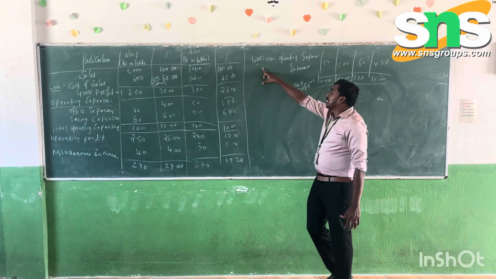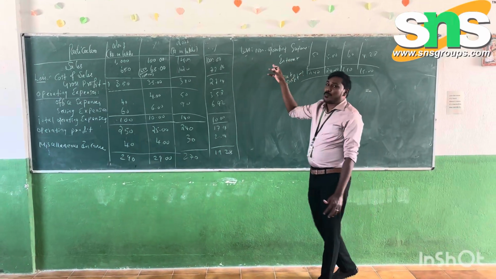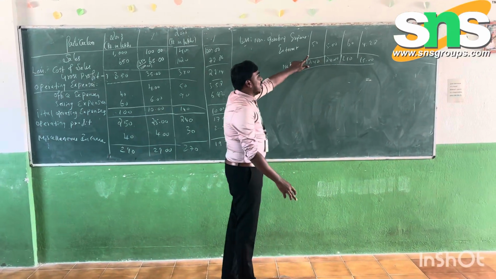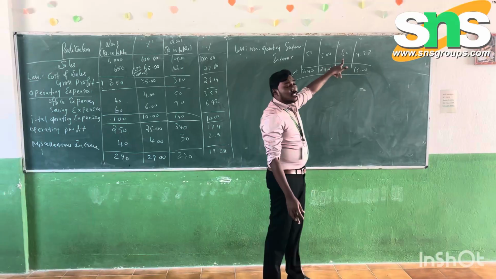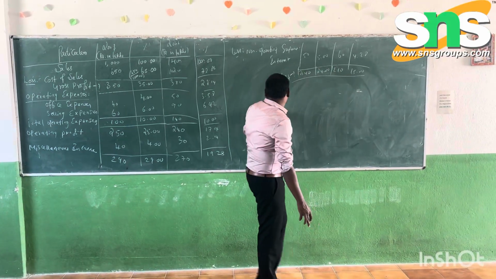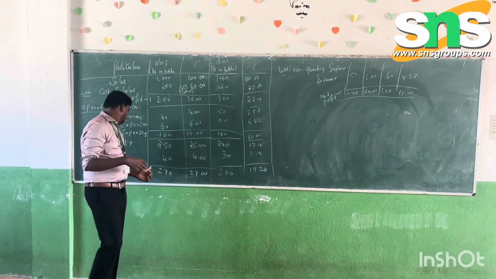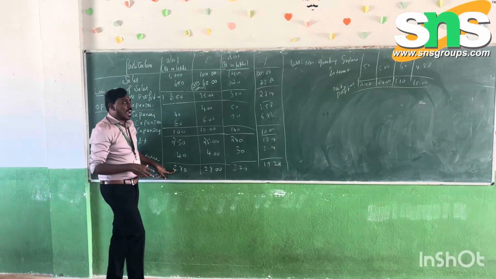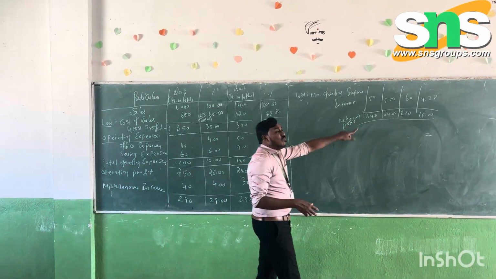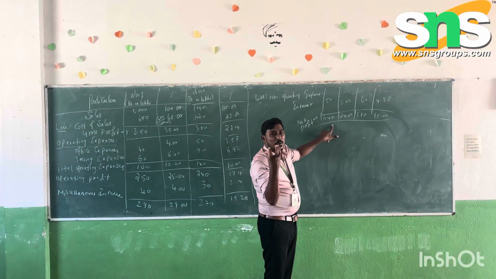Finally, we list non-operating expenses. The interest for 2003 is 50 and for 2004 is 60. With the miscellaneous income of 290, 290 minus 50 gives 240. This is the net profit.